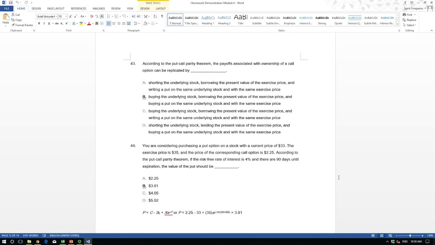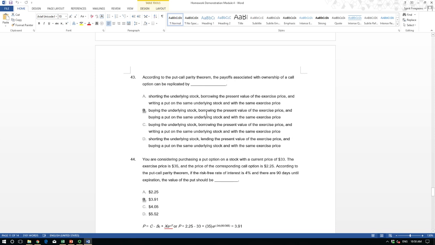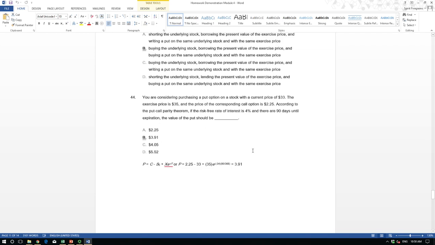So in order to replicate a call, on the left is C, and on the right that is S0 minus the PV of the exercise price plus P. That means you buy stock and a put option, and also you borrow the present value of the exercise price. Right? So here the answer is B. You buy stock, borrow the present value of the exercise price, and buy a put. That will replicate the call option based on put-call parity.